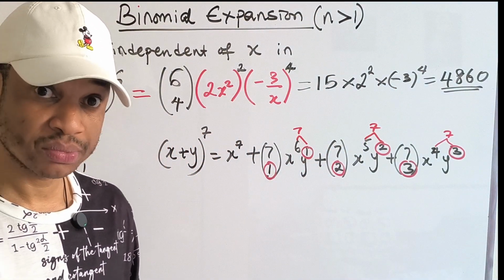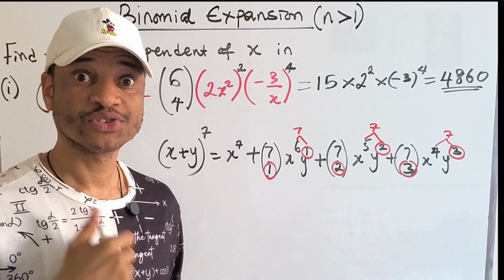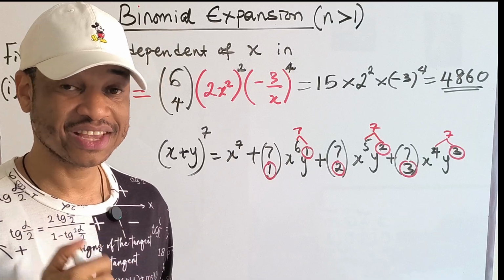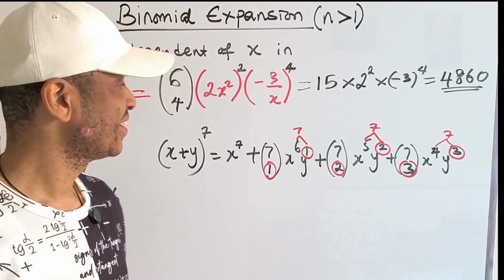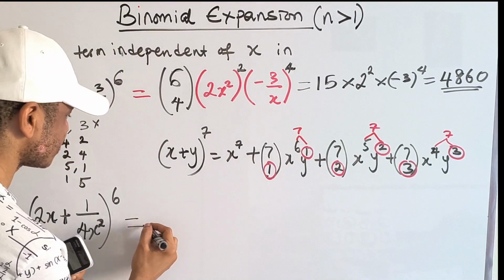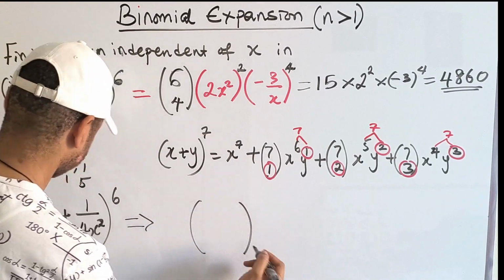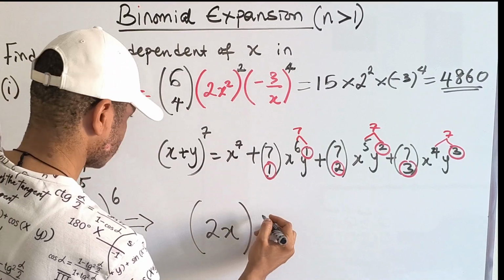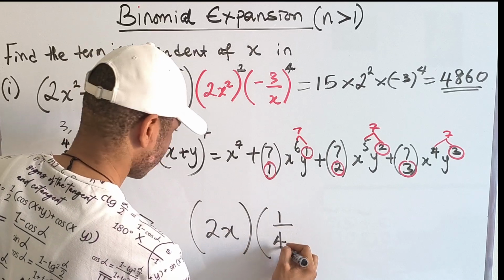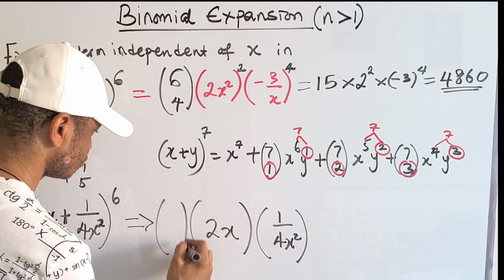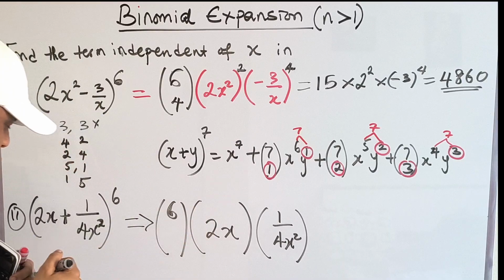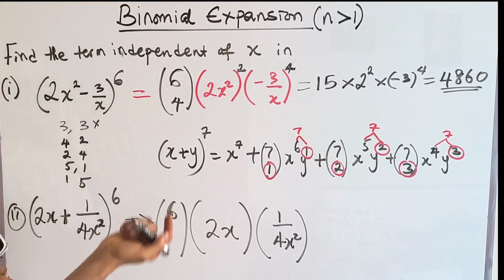I can do this in 1 minute, and you can do it also. So train your brain to work on indices. If you're struggling with this, it means your indices are not good, honestly. Okay, now let's say this one. We write the same thing: 2x and 1 over 4x squared. We already know this will be 6 and something. 6 again, we're lucky.